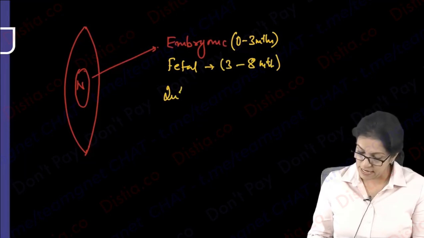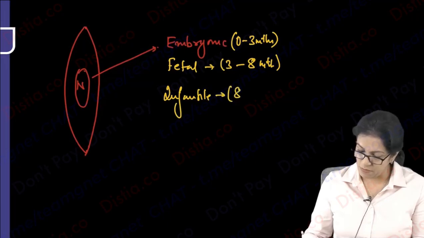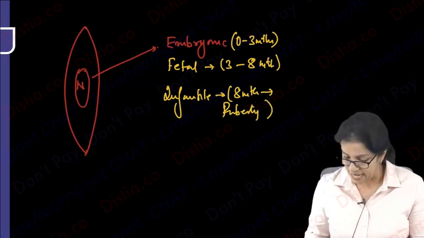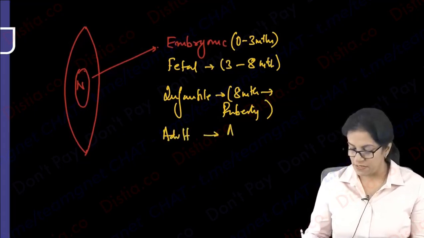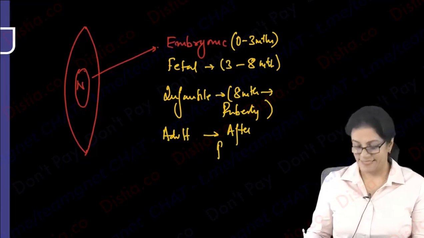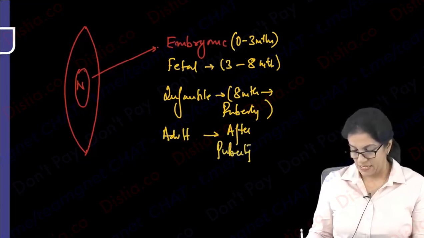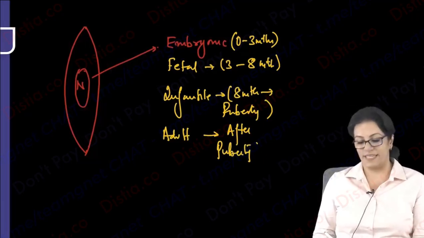Then infantile, which is from more than 8 months to puberty. And when you say adult nucleus, we mean after puberty. So these are the parts of the nucleus.